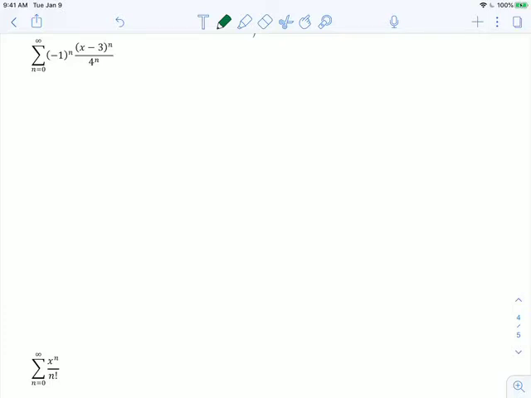As we mentioned last time, we want to use the ratio test to help us do this, with additional help from looking at the endpoints of the interval individually. As before, I'm going to write out a sub n and a sub n plus 1.